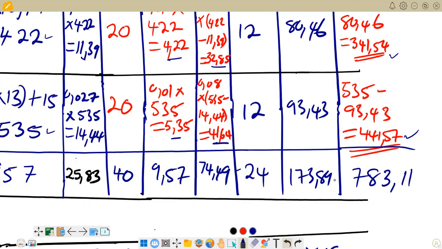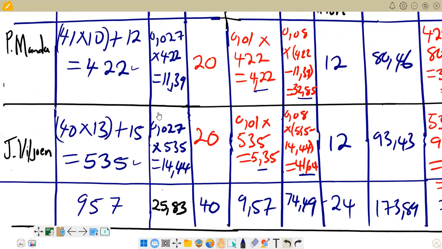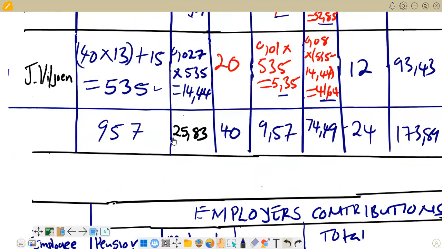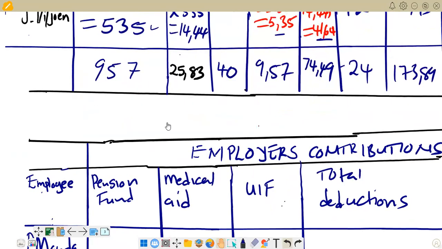So this is the total that we have. That is what we have, guys, in terms of the wages drawn according to the question. And then you have the second part, where we have to calculate the employer's contributions.